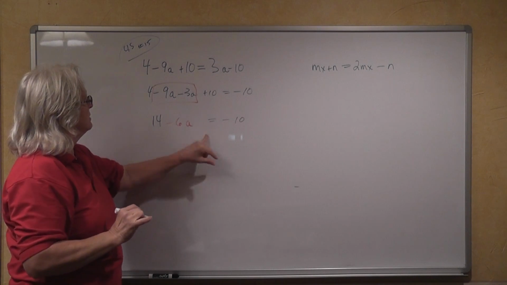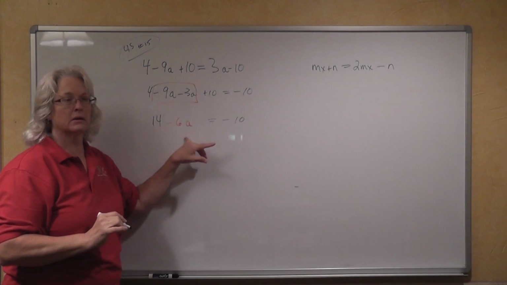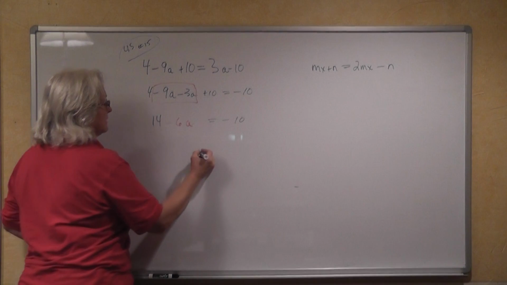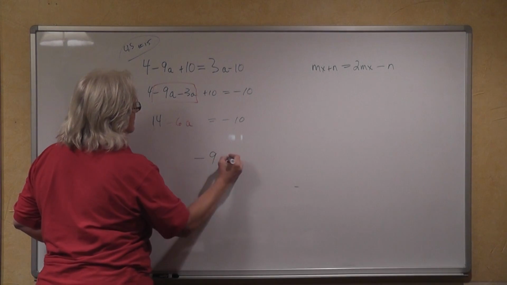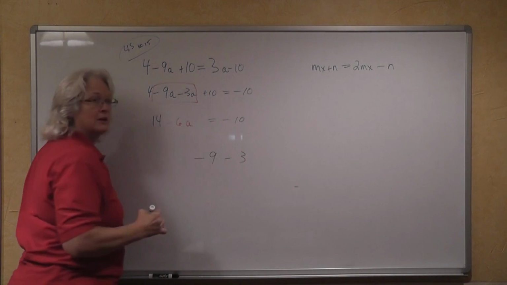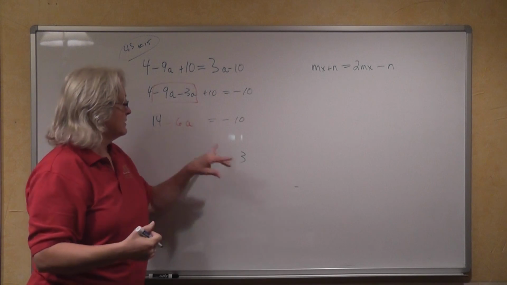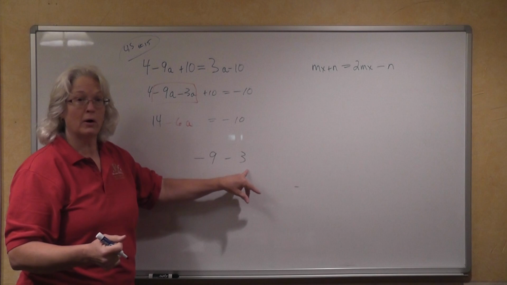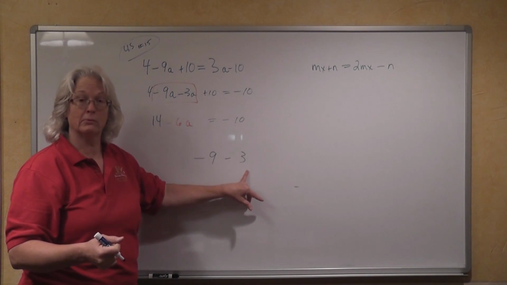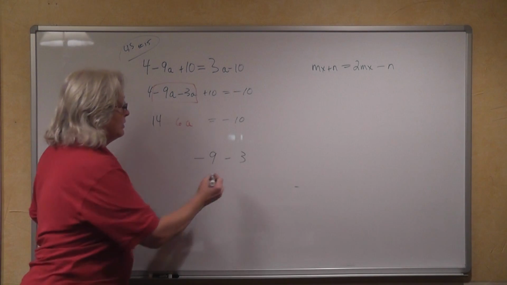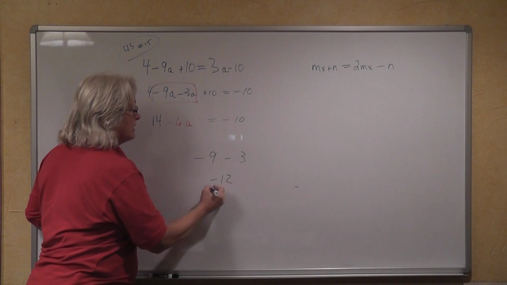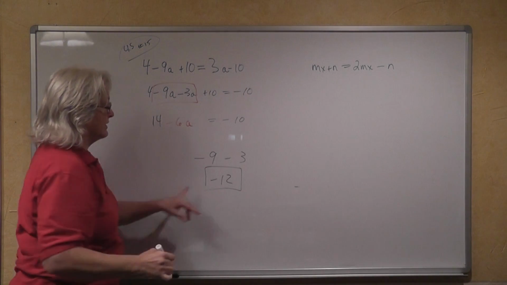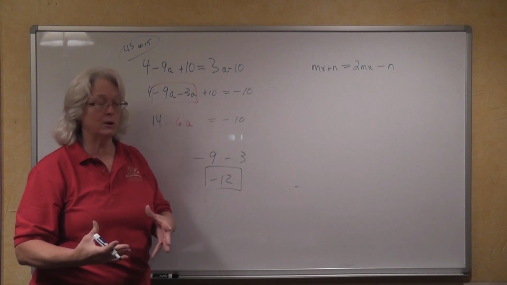But if you have a negative 9 minus 3, you can think of that two different ways. You already owe your mom $9. You borrow $3 more from her. How much money do you owe her now? You owe her $12. You can think of this negative sign as being owing.